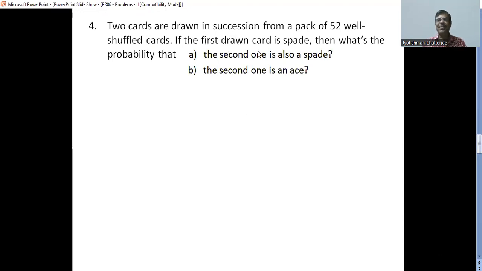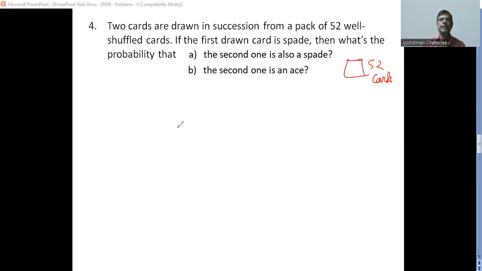This is an interesting problem. Let's talk about this. There is a well-shuffled deck of 52 cards. And we are picking up 2 cards in succession.